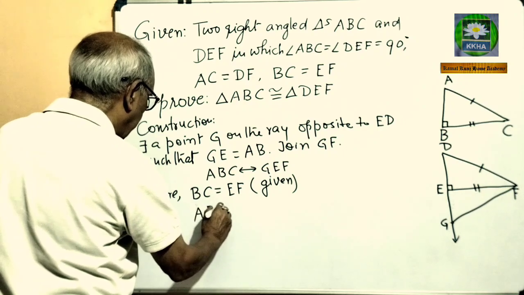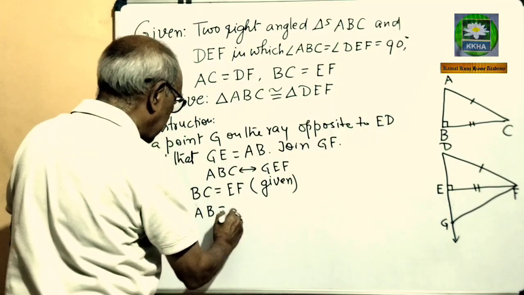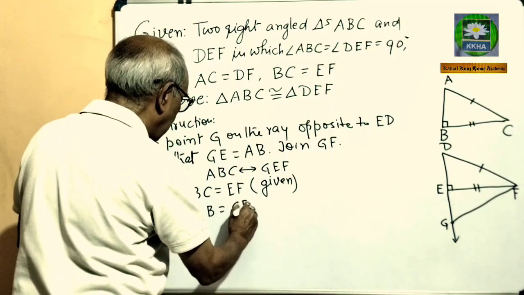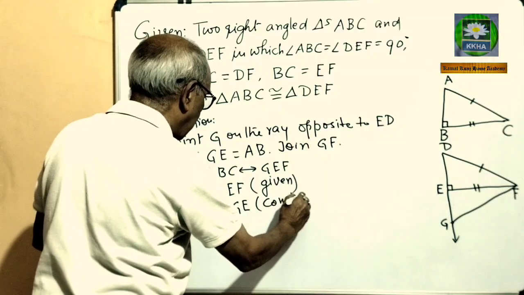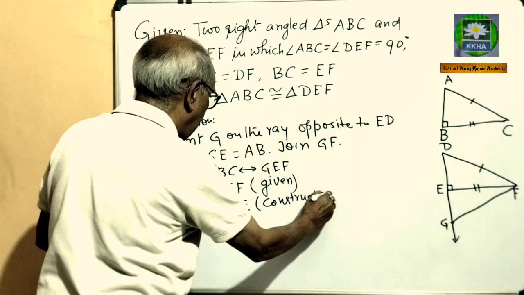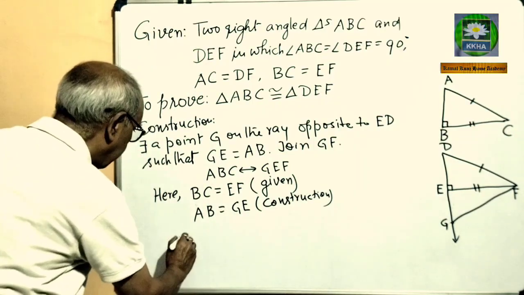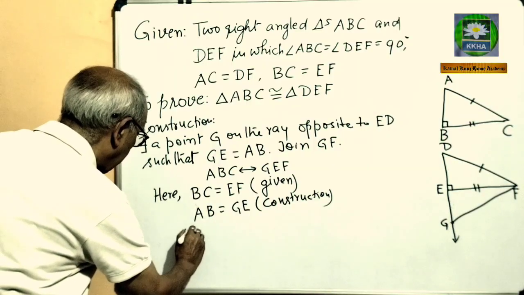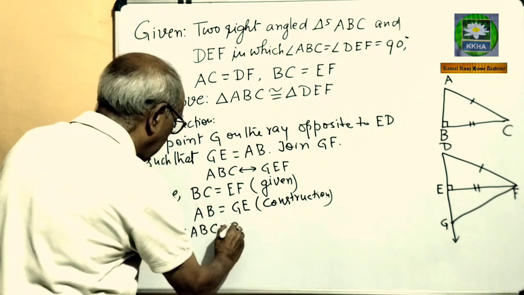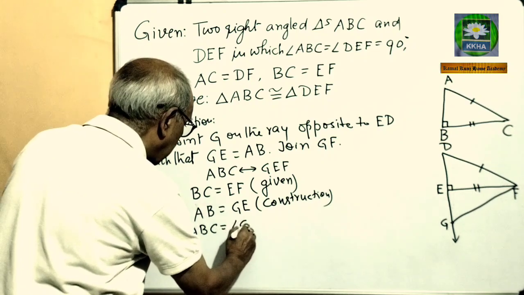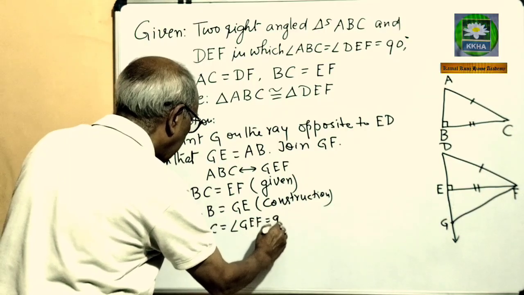AB equal to GE by construction, and angle ABC equal to angle GEF equal to 90 degrees.